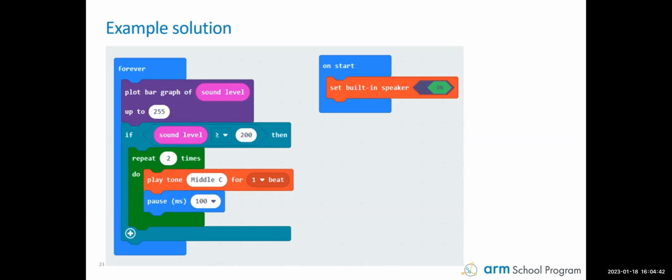So the maximum, well, there are 255 points of measurement, and you can set it to be within a particular band of that. But if you put 255, it measures the full range of sounds available on the microbit. If you just have that on its own inside a forever block, it will draw this nice bar graph of sound, and you can test that by clapping near the microbit or shouting at it or getting the class, rousing them to make some noise, so you can see these bar graphs going up and down.